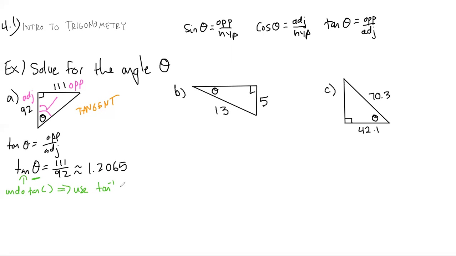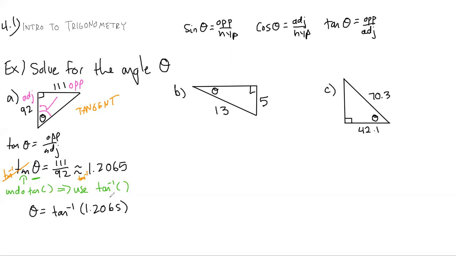So it's not 1 over tan, it's saying the inverse of tan. And so what I'm going to do is apply that to both sides. Tan to the -1, tan to the -1. The point is that on the left side, those two things are going to cancel. And what we're going to get is theta is tan to the -1 of 1.2065, roughly. Again, I did do a little bit of rounding.